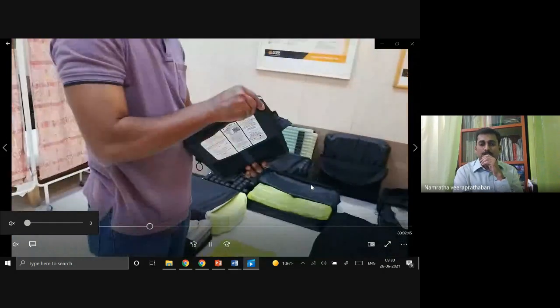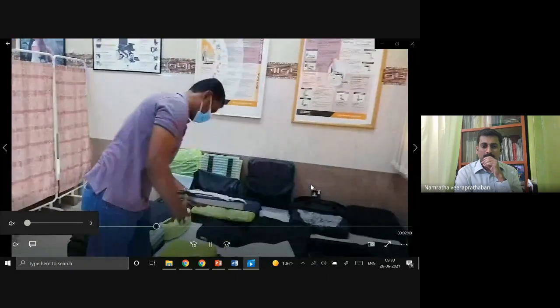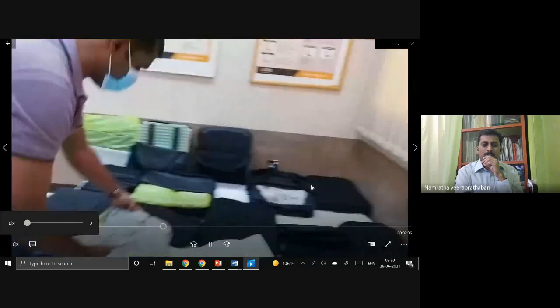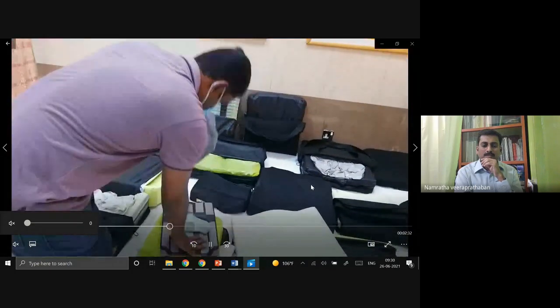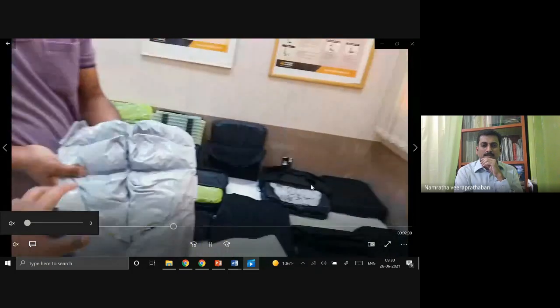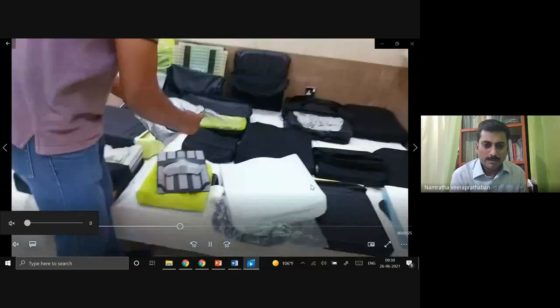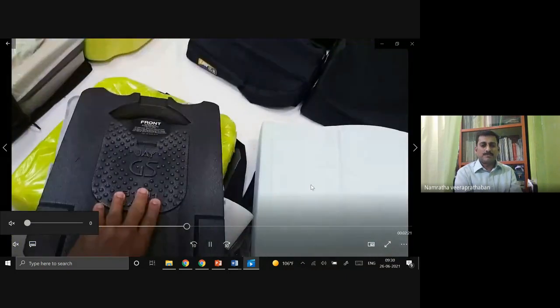Now this is a gel cushion. This is a solid base, and you can remove the gel pad. Okay, this is one of the cushions for children who have skin integrity issues.